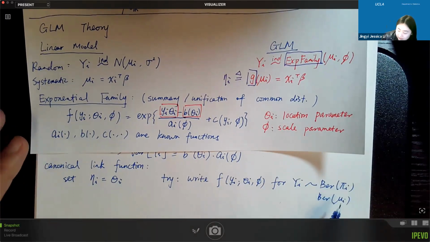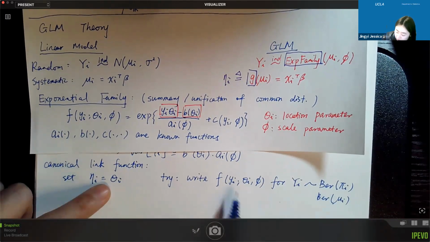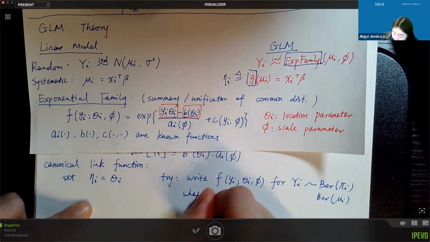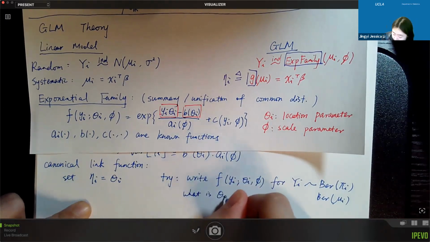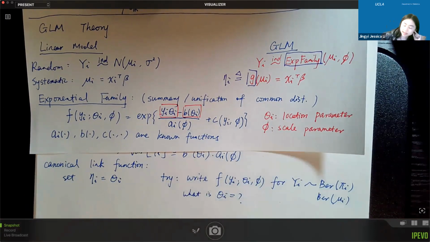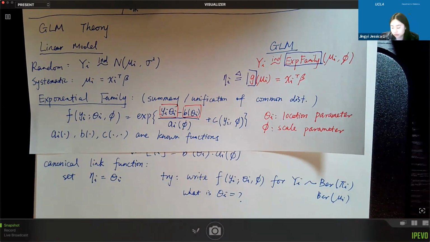Try to write it down and see what θi is. You will see that, surprisingly, this will be something we use as the link function for logistic regression. So try this yourself after this class.